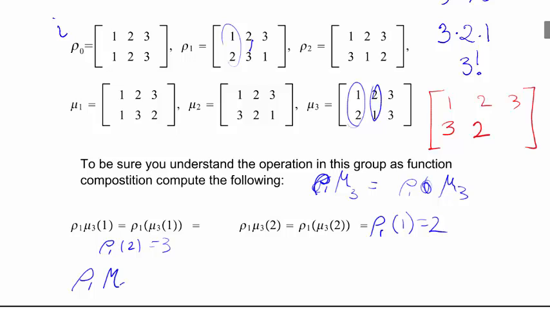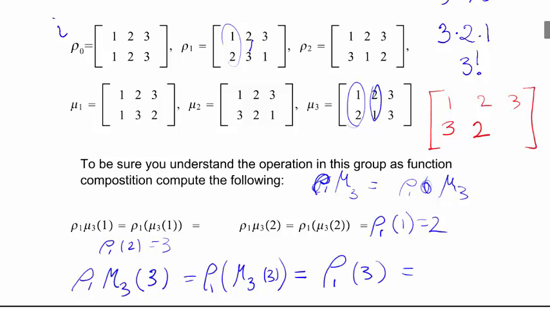Row 1 mu 3 of 3 will be row 1 of mu 3 of 3. And mu 3 of 3 is 3. So this is row 1 of 3. And row 1 of 3 is equal to 1. And that's just what we needed. We knew that 3 had to be mapped to 1.